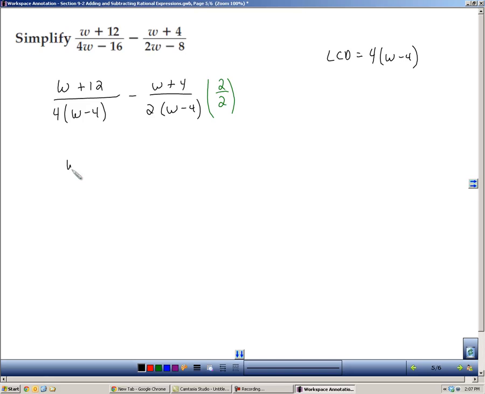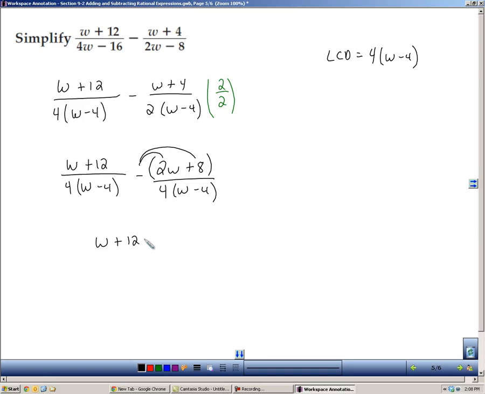So I'll rewrite these. By taking the 2 and distributing it to the w plus 4, I get 2w plus 8. 2 times 2 gives me 4. Now if I'm going to combine these together, one thing that students often forget about is when you're subtracting the 2w minus 8, you're really subtracting both. So in a sense, you're distributing that subtraction sign. So we'll make this minus 2w minus 8 over the common denominator of 4 times w minus 4.